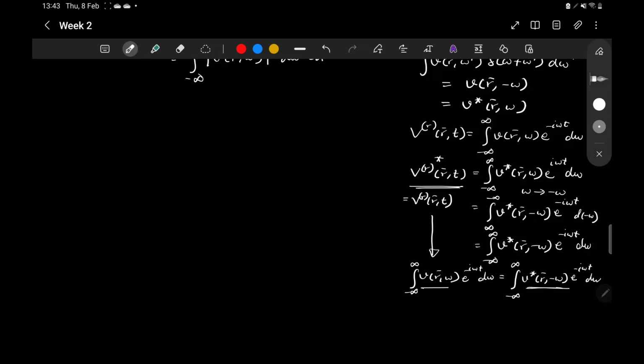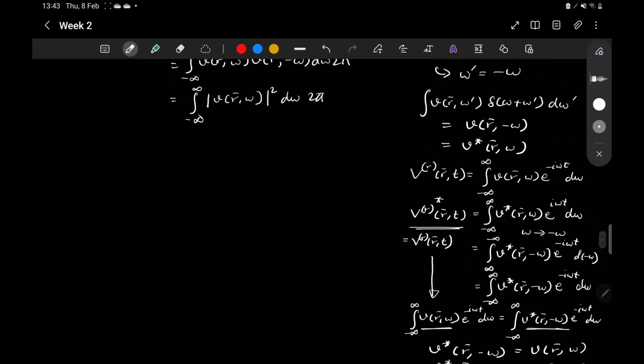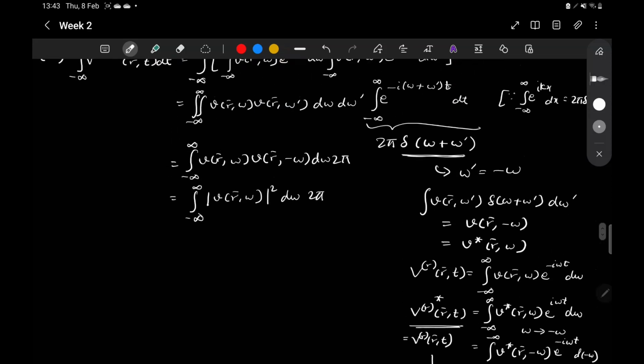So these terms are equal. That means V star r minus omega equals V r omega, or in other words V star r omega equals V r minus omega, if we simply put omega goes to minus omega. So finally we are able to prove the first part of the expression.